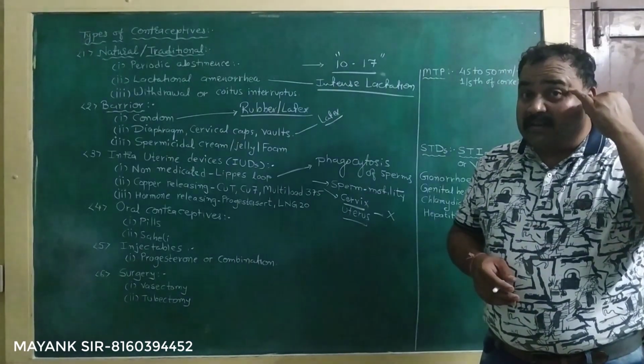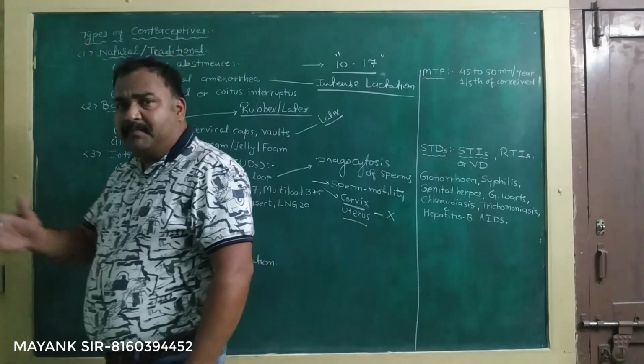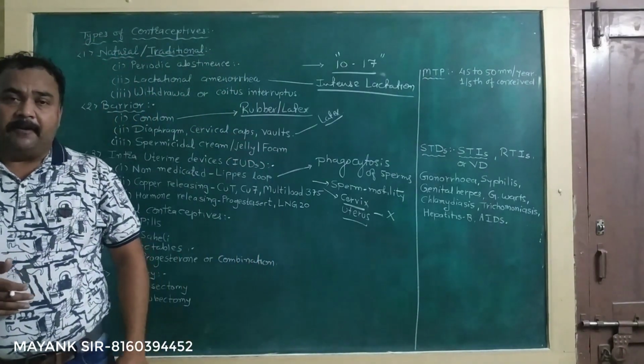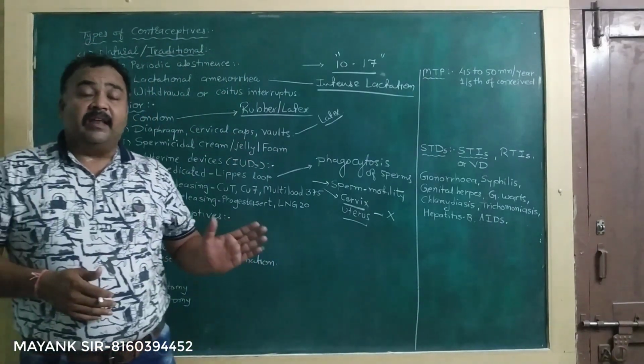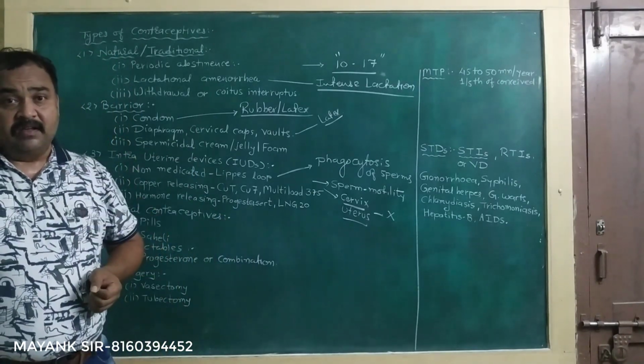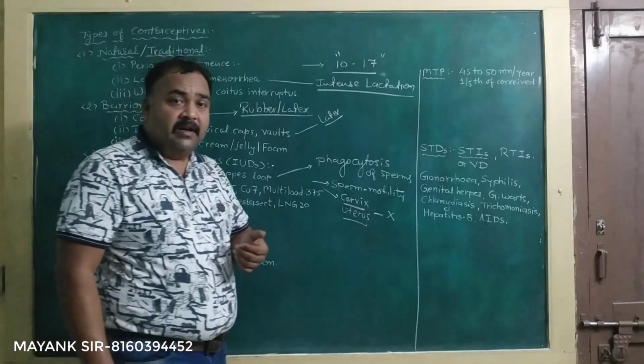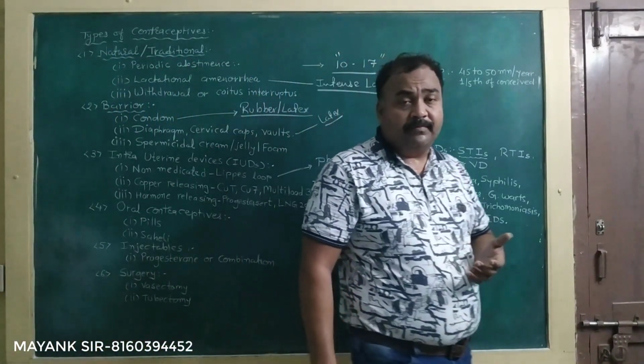These pills are taken from the 5th day of the menstrual cycle, that is, the beginning of the menstrual cycle, and continuously taken up to 21 days. After completion of the whole course, after 2 or 3 days, menstruation comes again.